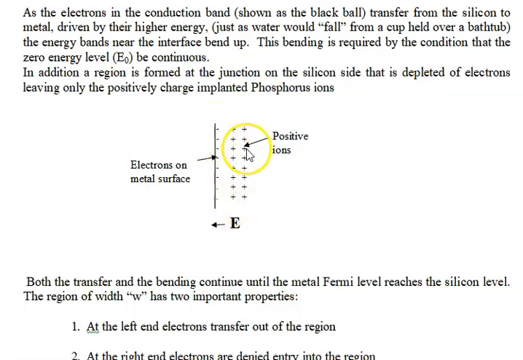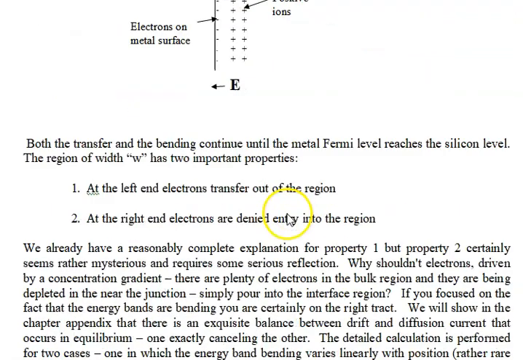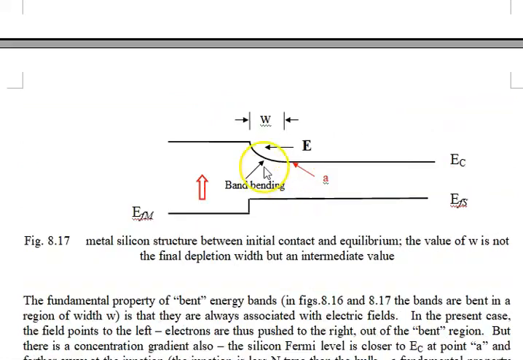So we have a field. Whenever we have positive fixed ions and negative fixed charge, and the electrons on the metal surface can't move out of the metal surface, we have a field pointing from positive to negative. If we have a field, we have band bending, and that's exactly what we're showing here.